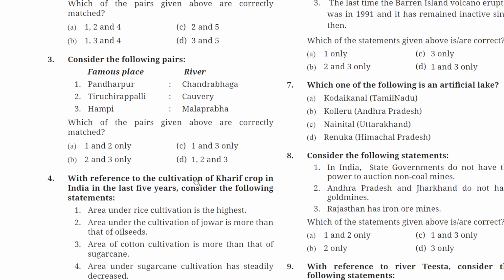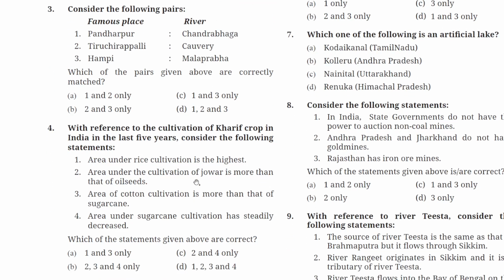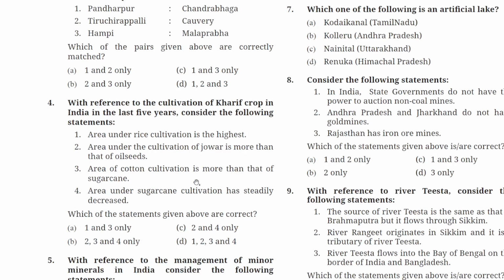Moving forward, with reference to the cultivation of kharif crops in India in the last 5 years, consider the following statements. He is asking about the kharif crops in India over the last 5 years. Area under rice cultivation is the highest. We have to select the correct option. Yes, the area under rice cultivation is the highest. That is true. Area under the cultivation of jowar is more than that of oilseeds.